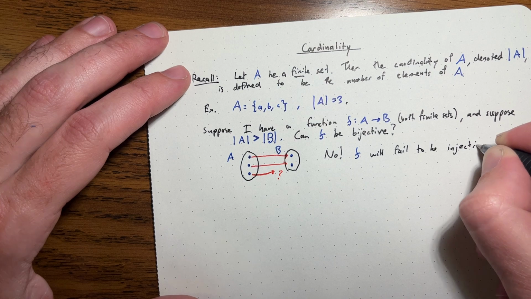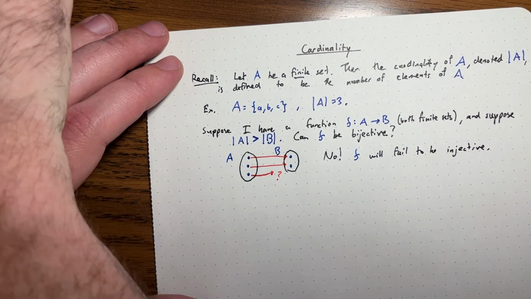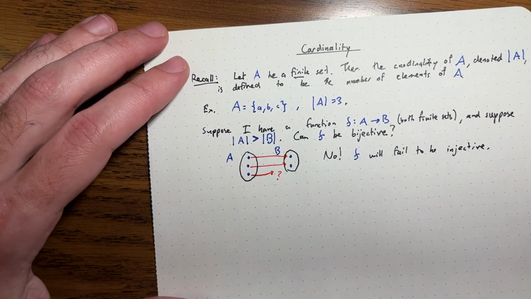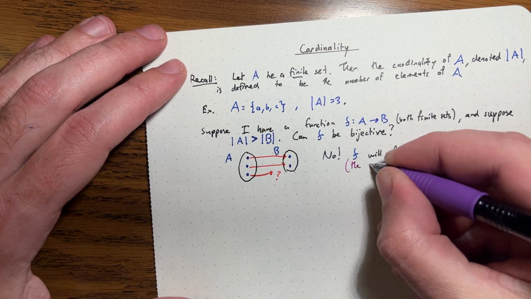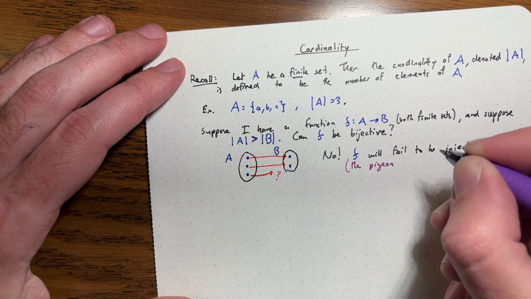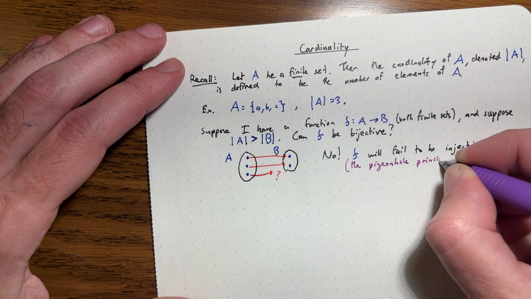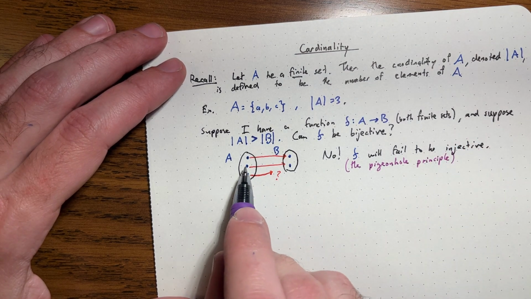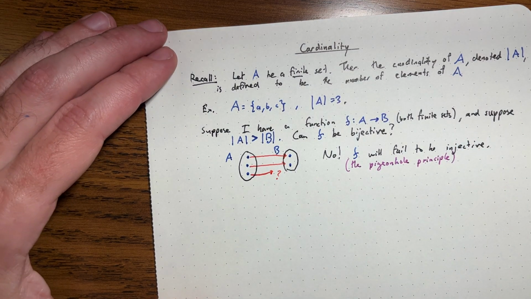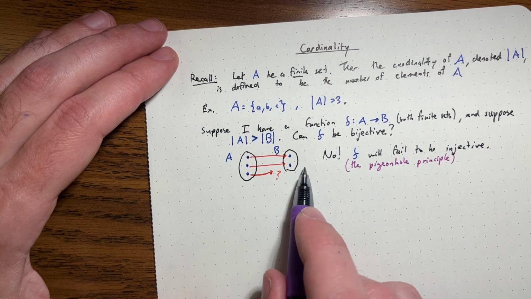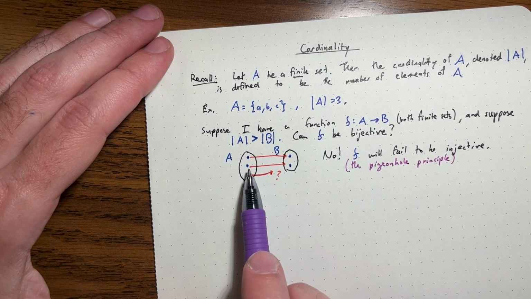And in fact, this has a special name. It's called the pigeonhole principle. The name comes from the idea that, in this picture, suppose we have 3 pigeons and 2 pigeonholes. And each of the pigeons is going to go into a pigeonhole. Well, what's the conclusion?